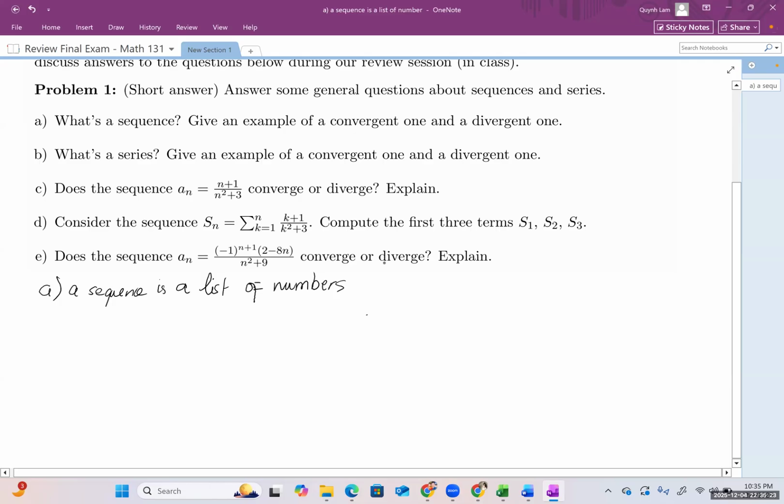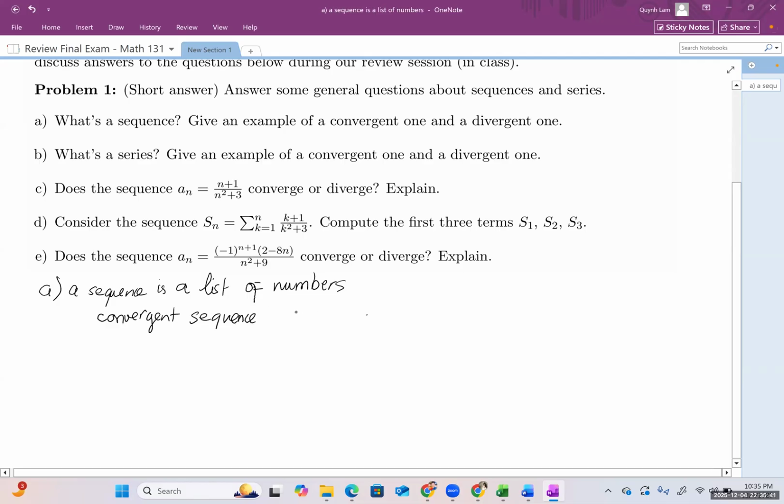So if I want to talk about a convergent sequence, convergent is in sequence.